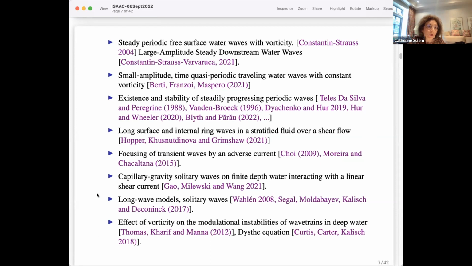And in terms of models, there is the influence of constant vorticity for long wave models, and also on modulational instabilities of wave trains, which will indeed be the case of today's presentation. The original work of Thomas and Kharif-Manna for an NLS equation in this setting, and the Dysthe equation to which we have compared our model.